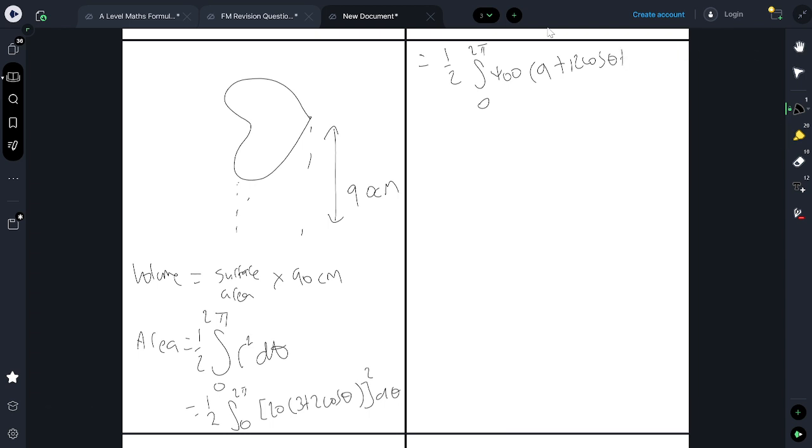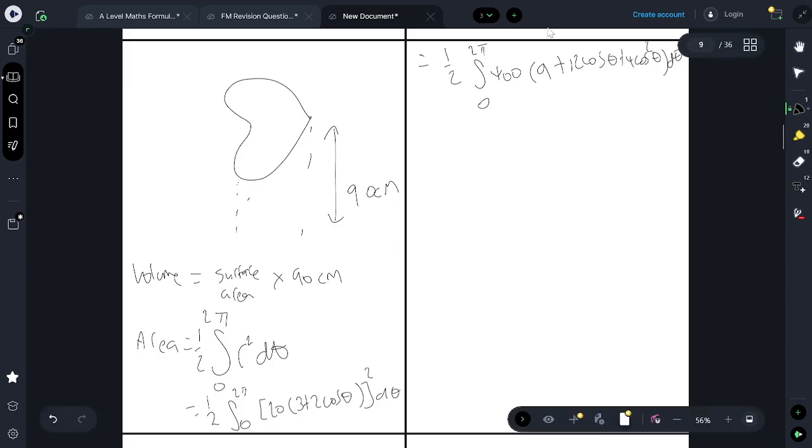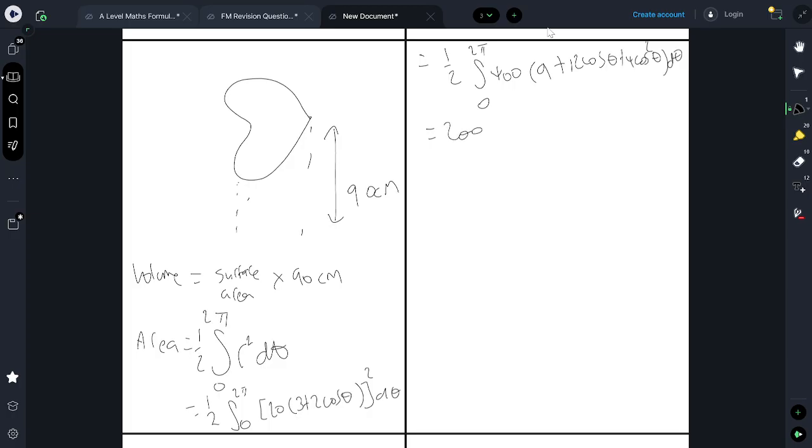And then plus 4 cos squared theta, d theta. I don't like having constant multipliers inside, so I'm going to do 400 over 2, which is 200. Bring the 400 out, which is what I've done here. Between 0 and 2 pi of 9 plus 12 cos theta plus 4 cos squared theta.